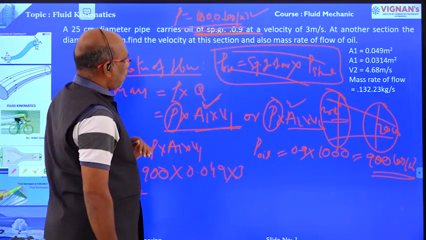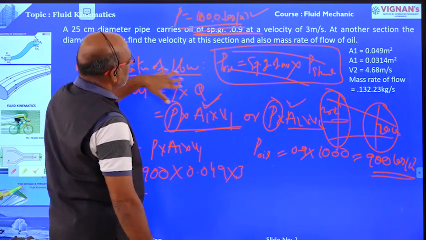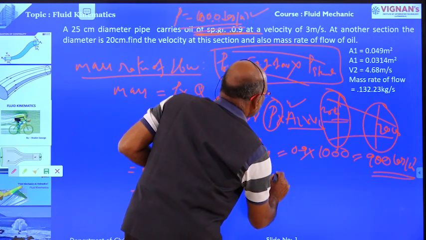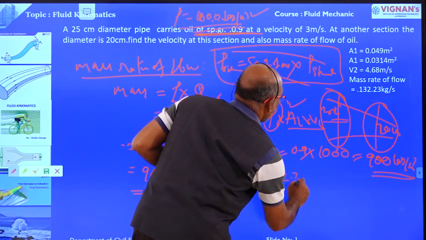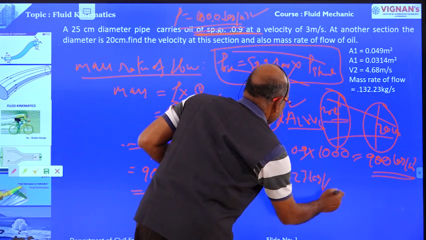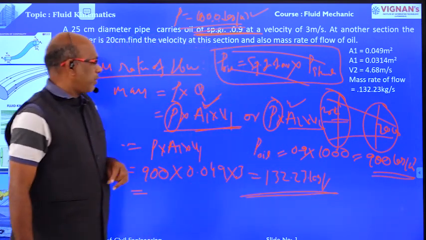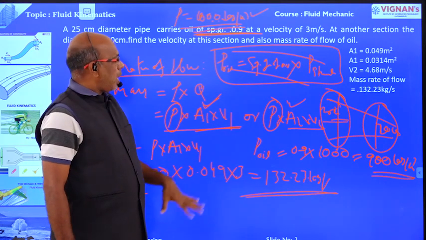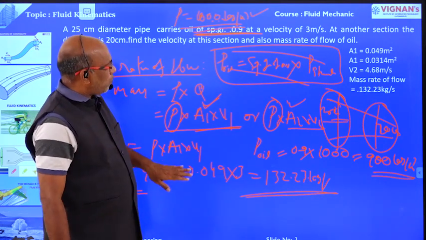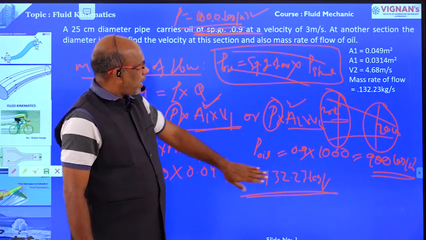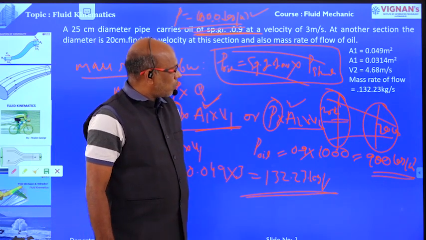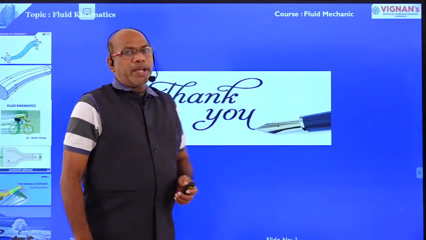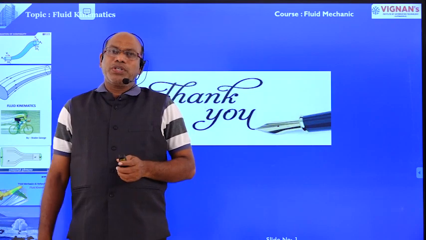Finally, mass rate of flow is equal to 132.23 kg per second. This is the mass rate of flow. Right? In this problem, we have determined the velocity at section 2, V2, and also the mass rate of flow, or mass of oil per second, that is 132.23 kg per second. Right? Thank you. These are the problems related to the continuity equation.